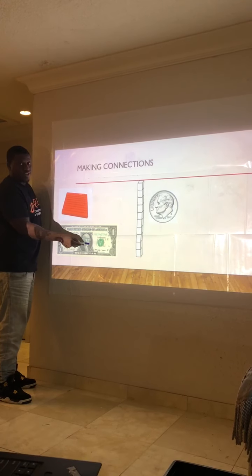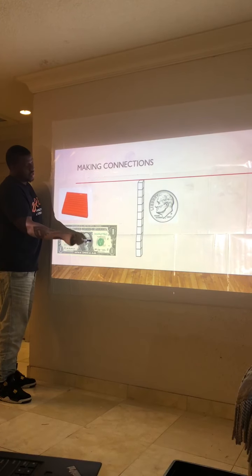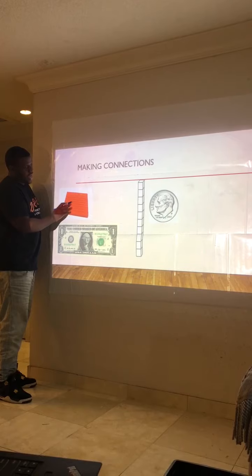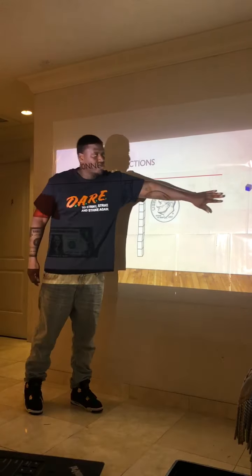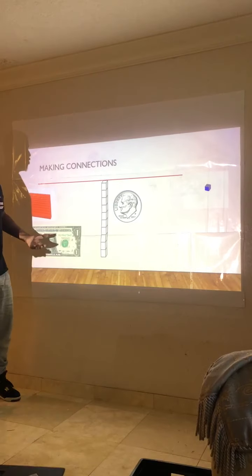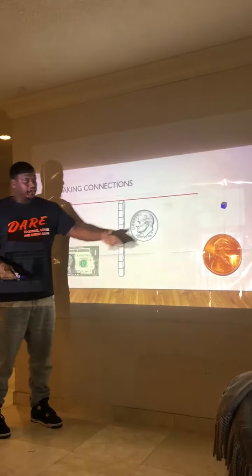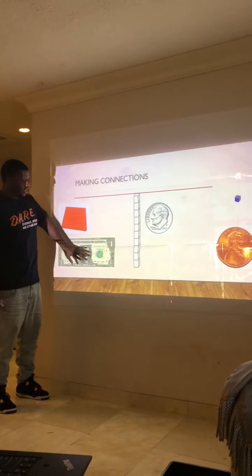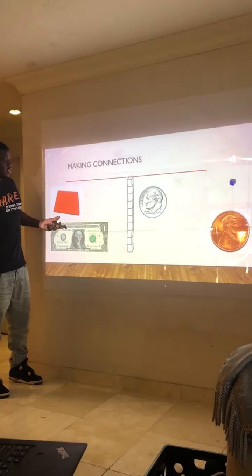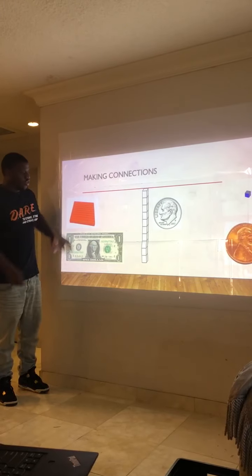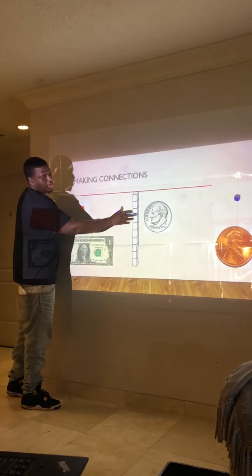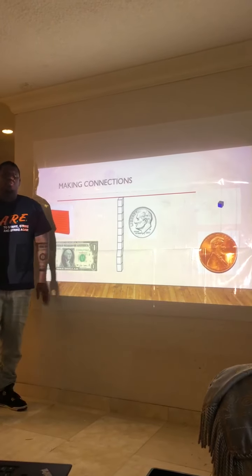And to make my dollar a whole is 10 dimes, and to make this flat a whole is 10 longs. And then we will move to the last one, which is the unit cube, and then a penny. It takes me 100 pennies to give me this whole dollar. It takes me 100 units to give me this whole right here. So we can make sure that we understand this connection. Everything else is going to be smooth sailing.